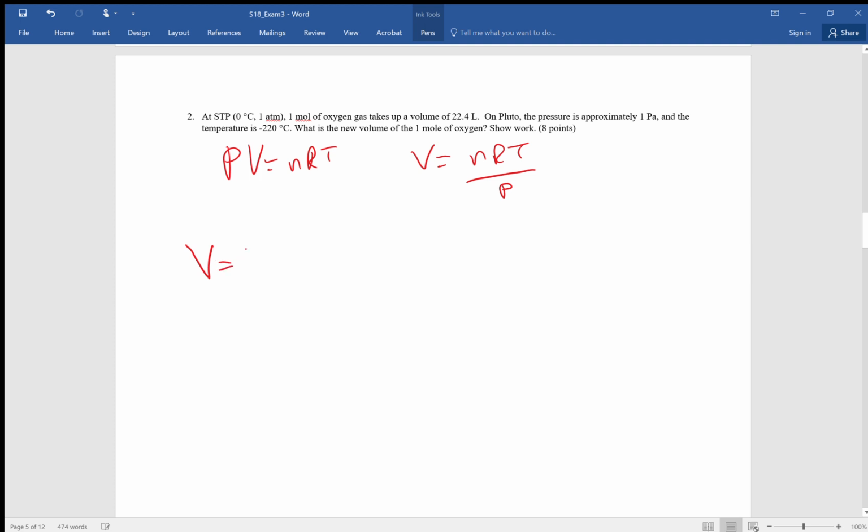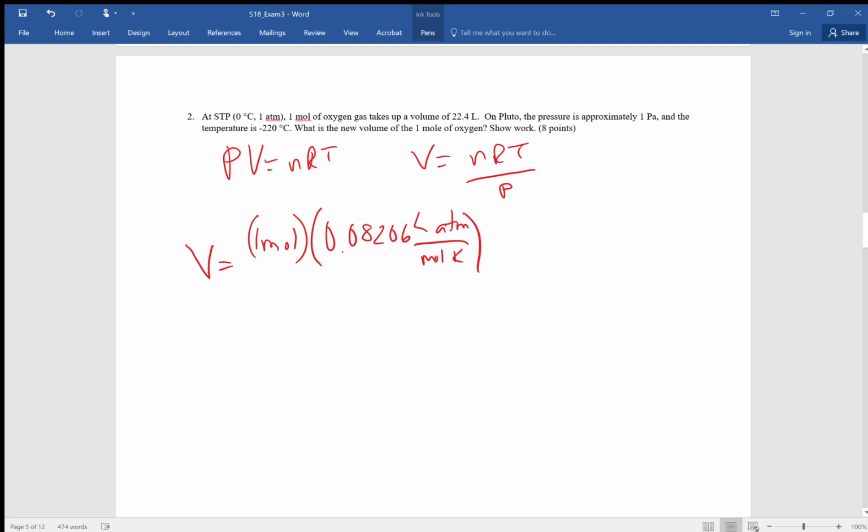So the volume is equal to the number of moles, which is given to us as 1 mole, times the ideal gas constant, which you can find on the front page of the exam, liters atmospheres over moles Kelvin.